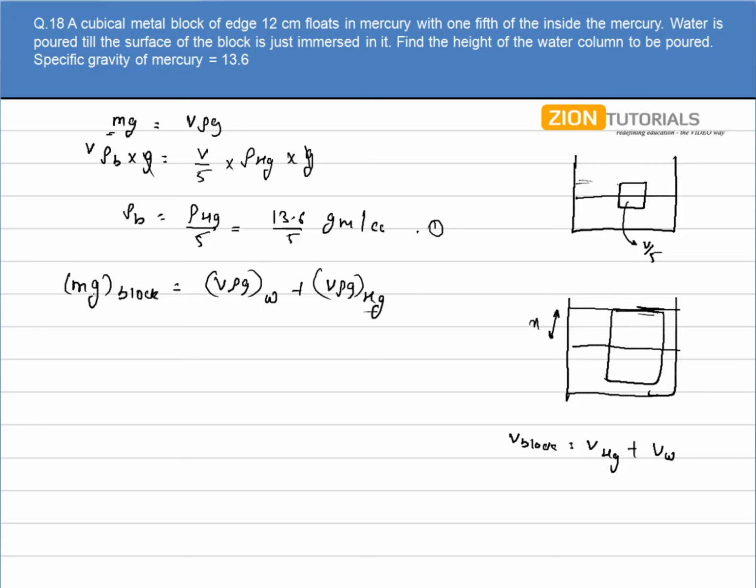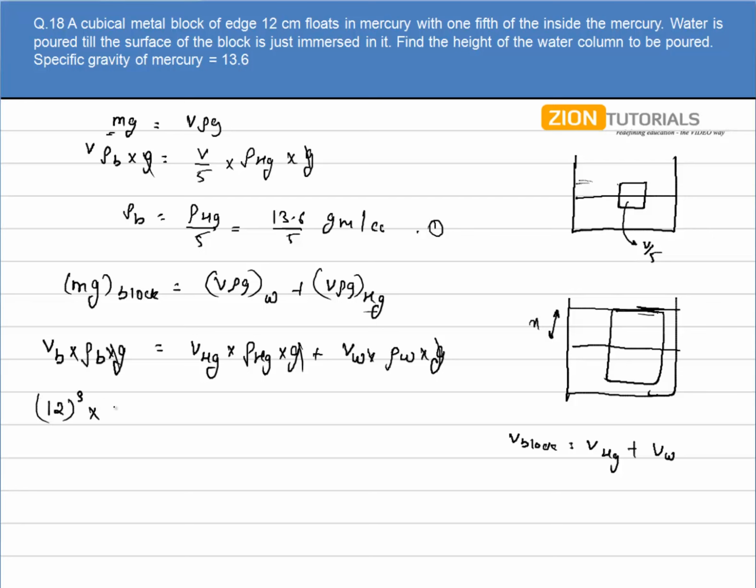Fine. So let's say mg is my volume of block into rho of block into g is equal to the volume that is dipped in mercury into rho of mercury into g plus the volume that is dipped in water into rho of water into g. So g is cancelled from all the sides. Volume of block as I know is 12 cube.